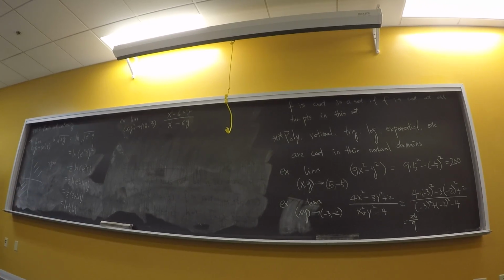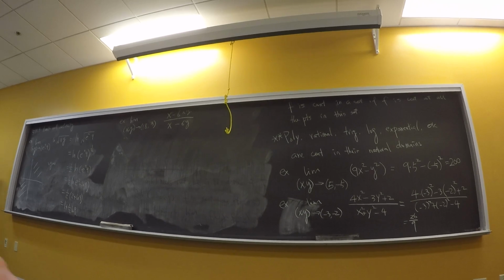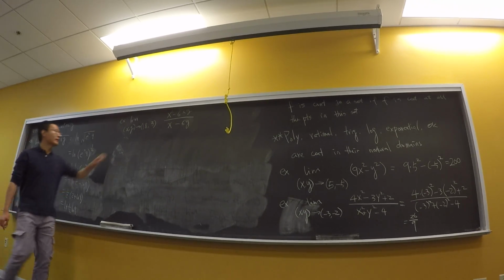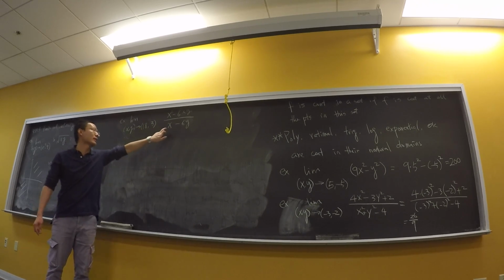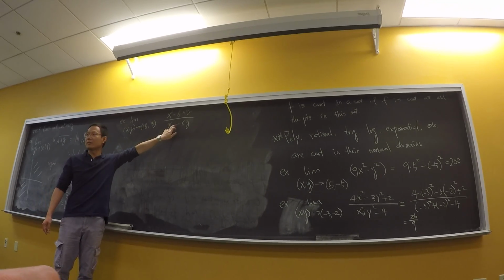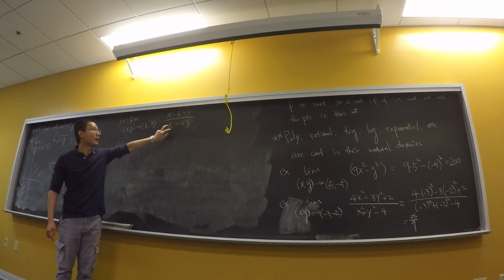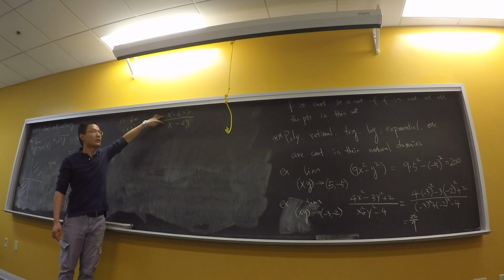Okay, so this is slightly more complicated than before because the point falls outside of the domain, right? When you plug in 18 and 3, the denominator is equal to 0, so it's not going to be in the domain. But if you look at the numerator and the denominator, there are some common factors. You can simplify this fraction, right?